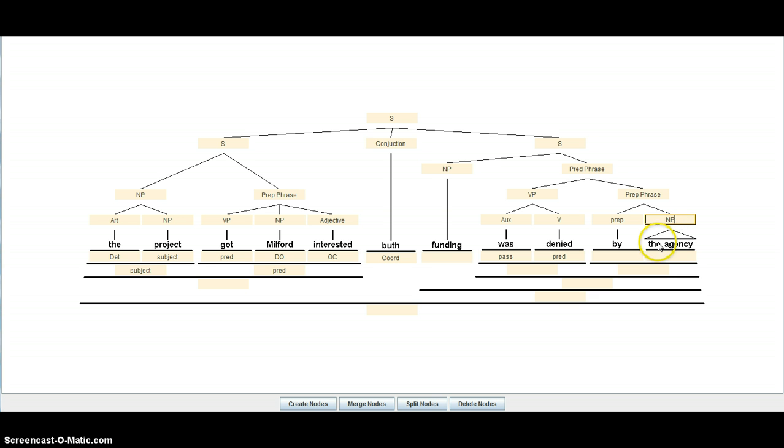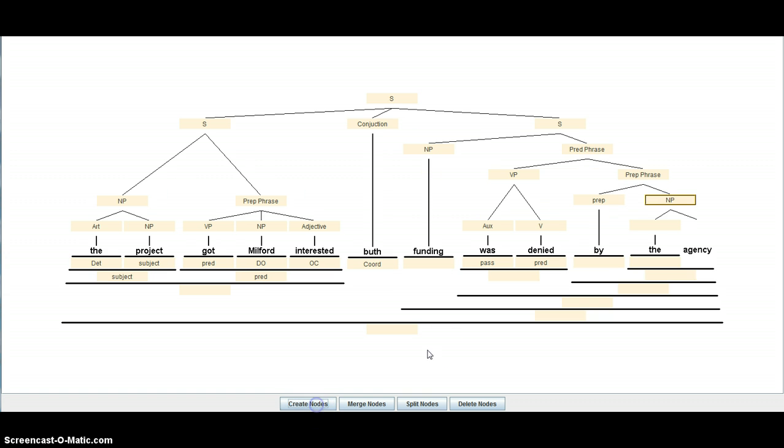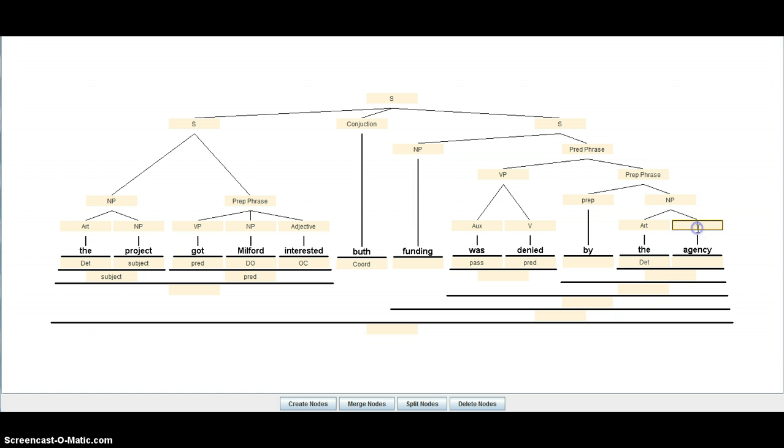NP, and the NP consists of a determiner, article, determiner, noun. Okay, by the agency, and this is a prepositional complement.